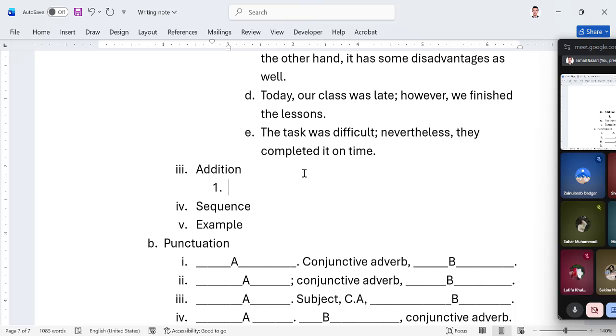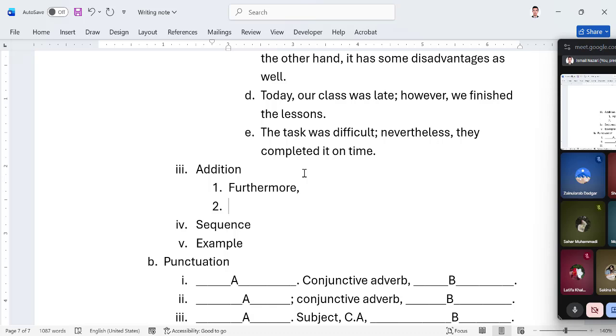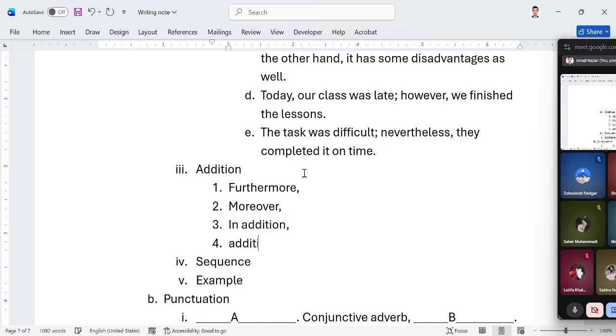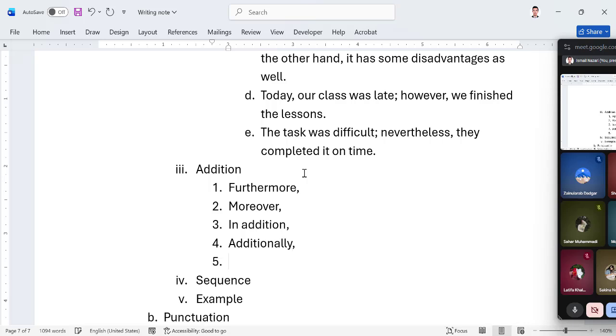We may have, for example, furthermore, in addition, moreover. Additionally is the next transition. We have also, or we might use the word besides. Okay, so these are the transitions.